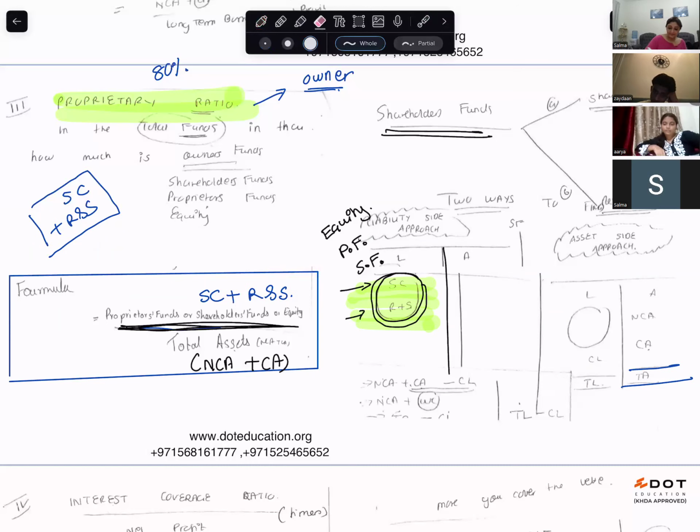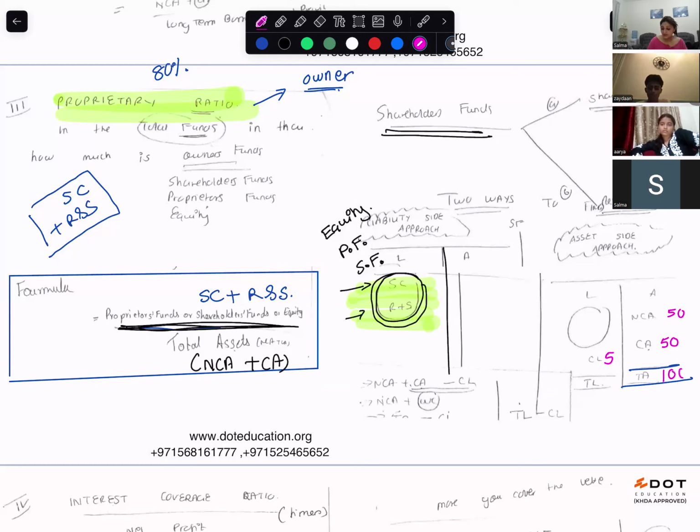Let's do one more example. Say my non-current assets is 50, current assets is 50, and current liabilities is 5. Can you give me my shareholders' funds? Non-current plus current assets, what is your total assets? Total assets is 100.